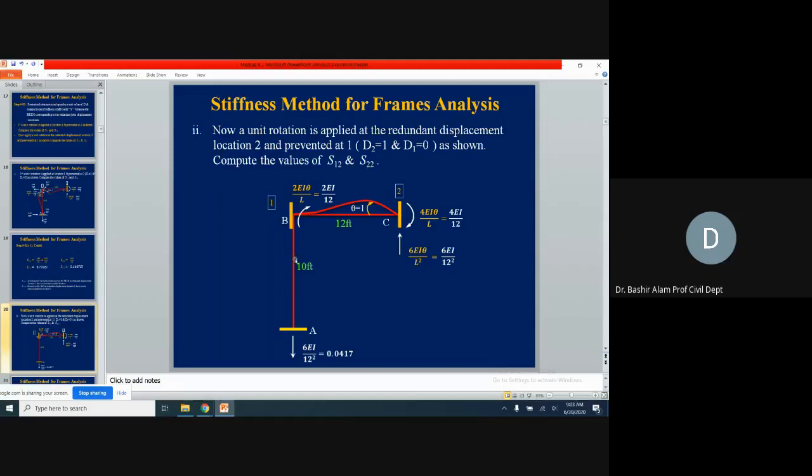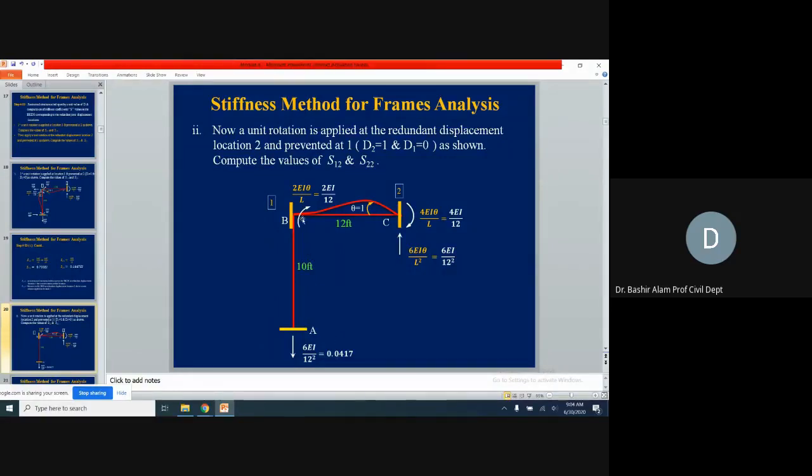Now you can see here, it is not going to allow this rotation in member AB. In member AB, we don't have any kind of activity in terms of displacement. So the corresponding moment is 0, and the shear forces are also 0. From where is this 6EI over 12 square coming?